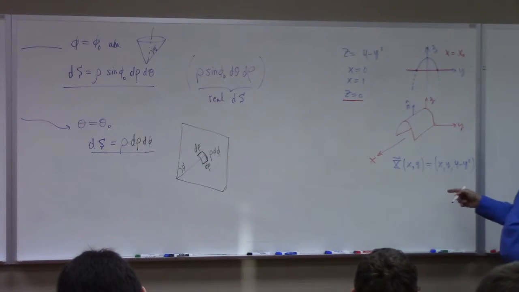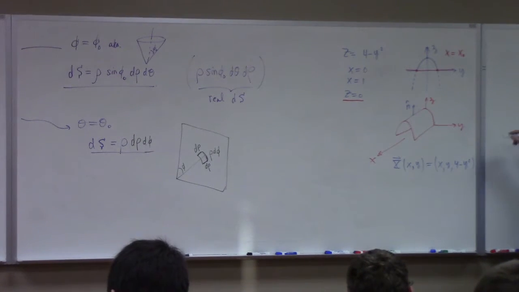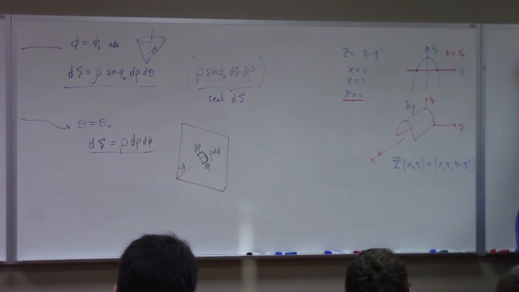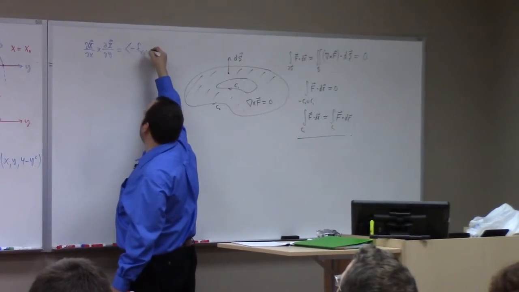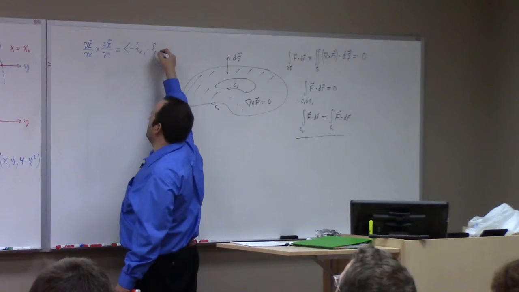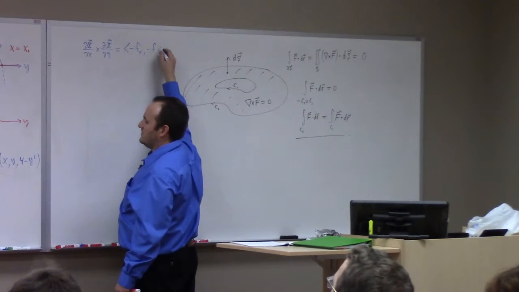This is a graph, so we already know what the song and dance is going to be. We know partial x cross partial y works out to minus f_x, minus f_y, 1. Oh, wait a minute. No, that's not right.